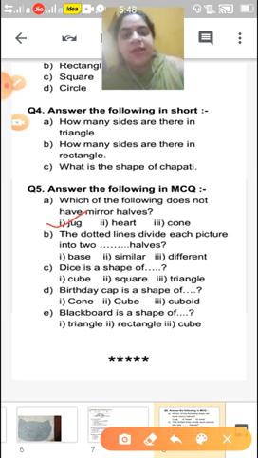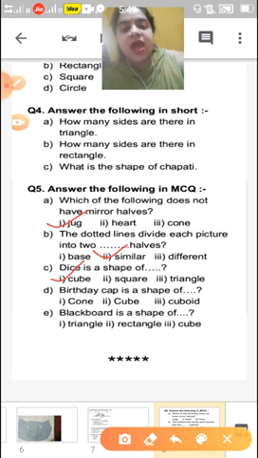The dotted lines divide each picture into two similar halves. Now come to next. A dice is a shape of. Can you guess? Yes, cube.